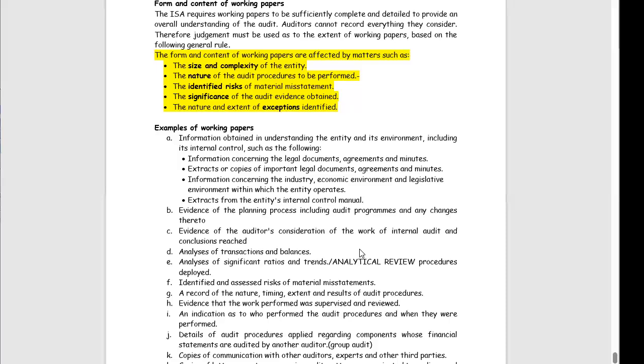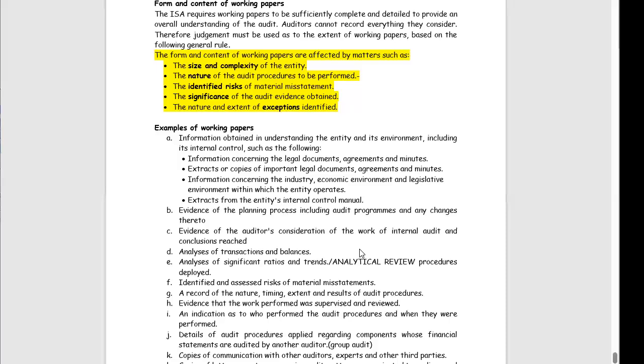The other one is the identified risk of material misstatements. If there is a high risk of material misstatements in the client entity, then a lot of our procedures shall be undertaken, and that will also have a big impact on the form and the content of the working papers to be obtained by the auditor. The other one is the significance of the audit evidence obtained. So how important is that audit evidence that has been obtained by the auditor?